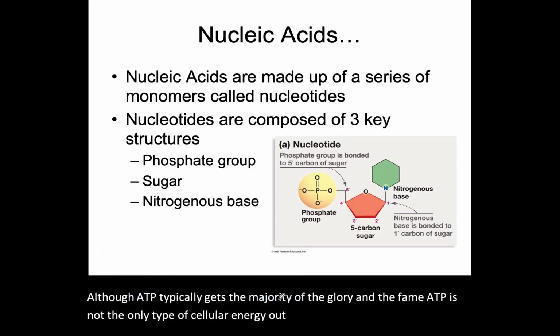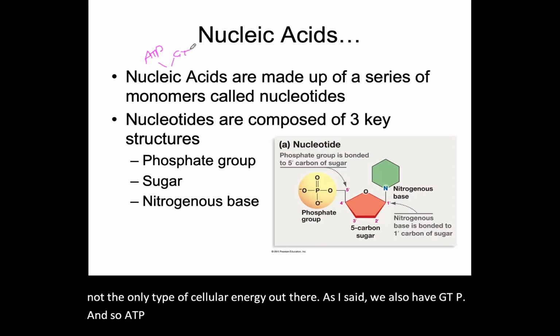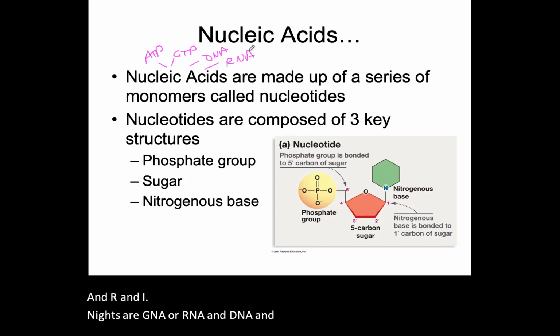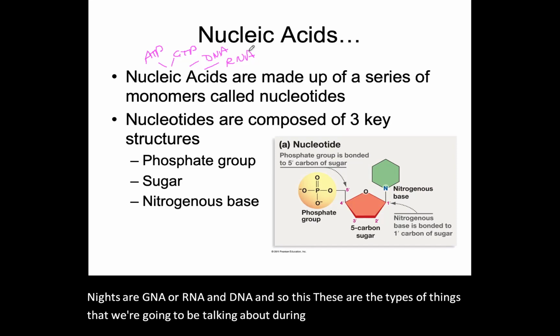As I said, we also have GTP. ATP and GTP are types of nucleic acids, but so are DNA and RNA, and these are the things we're going to be talking about during this segment of our videos.